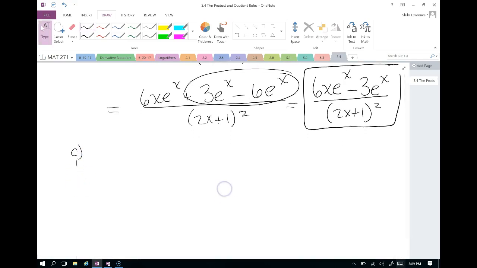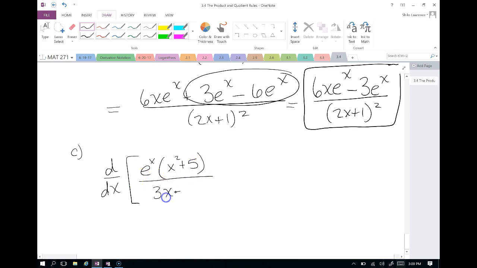This next example is going to be quite a bit more difficult because we're going to have to combine both of our rules. So we want to find the derivative for, let's say, e to the x times x squared plus 5 over 3x minus 1.